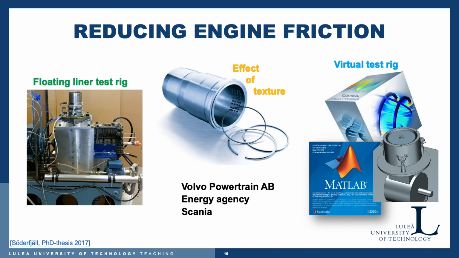We have also been looking into engine friction, and more precisely the friction that comes about from the reciprocating action of the piston rings inside the cylinder liner. And Marcus Söderfjell was a PhD student. He defended his thesis in 2017. He actually built a floating liner test rig.